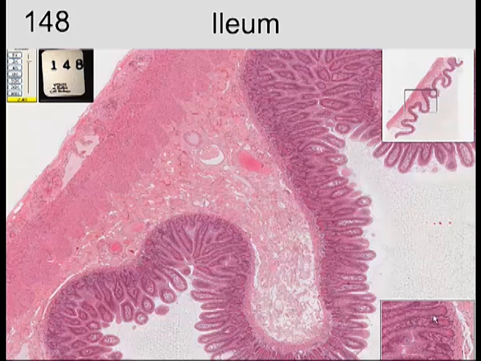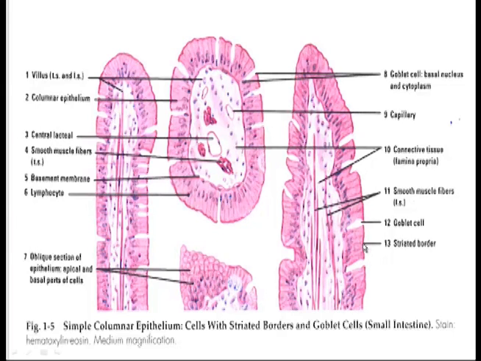As you get down toward the base of these cells, you can see there are other cells that have a different staining characteristic. So we have the lumen, the outside of the gut, the muscle layer of the gut, the connective tissue of the gut, and the epithelium lining the surface of the gut. Here we can see again a closer view.